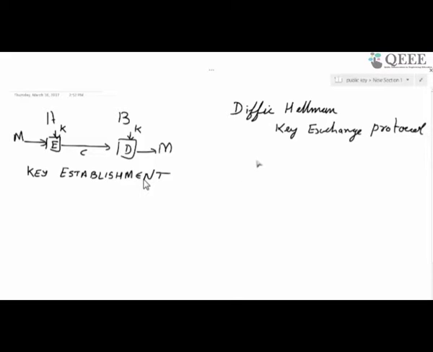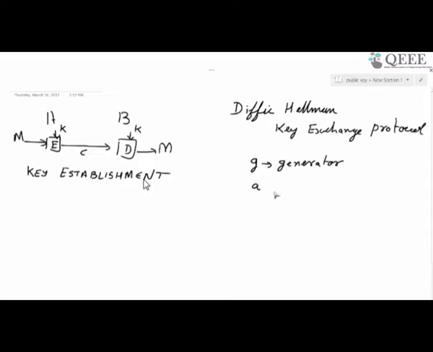Just to recollect, with Diffie-Hellman, we had some element, let us say G, which is typically known as the generator, and it is public information.